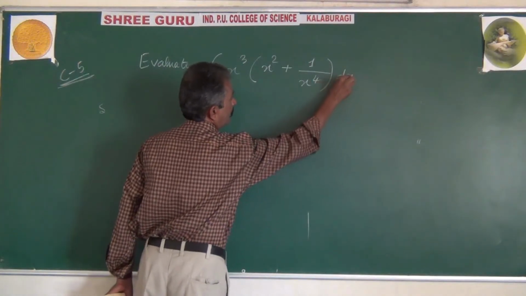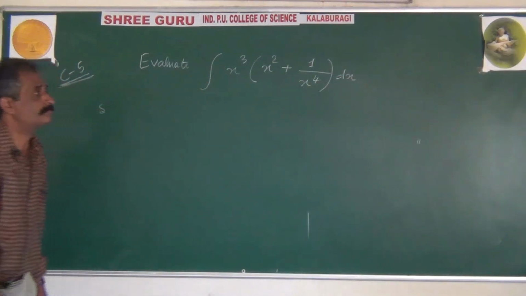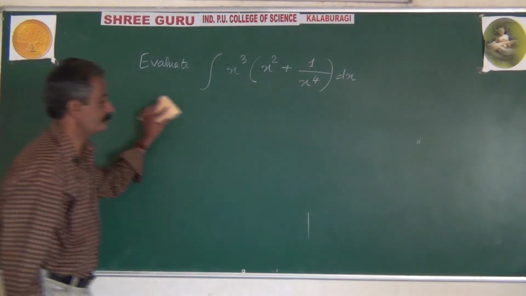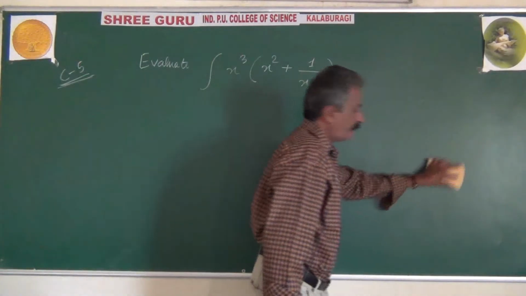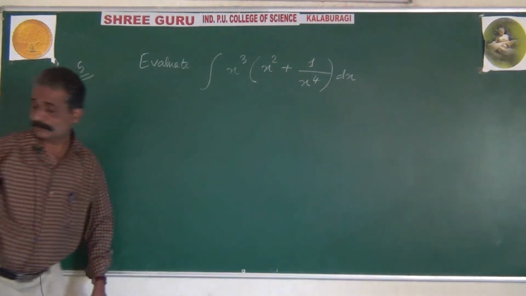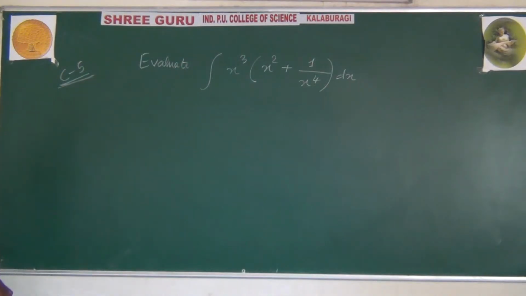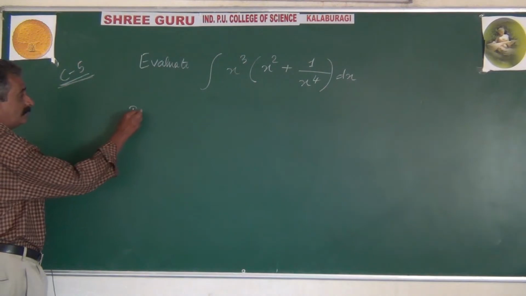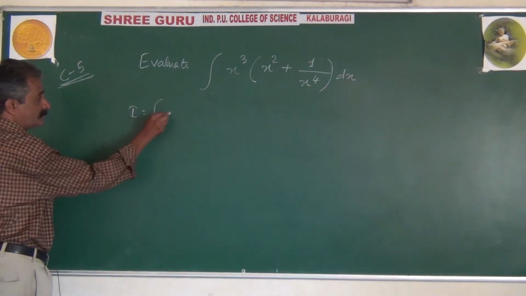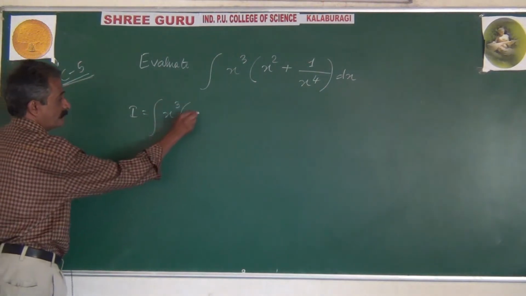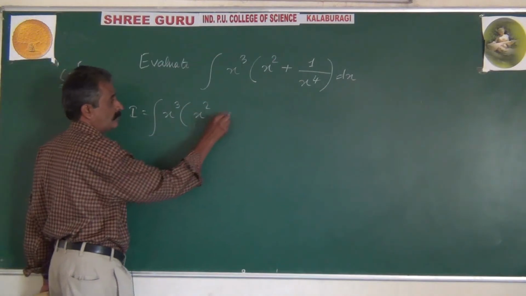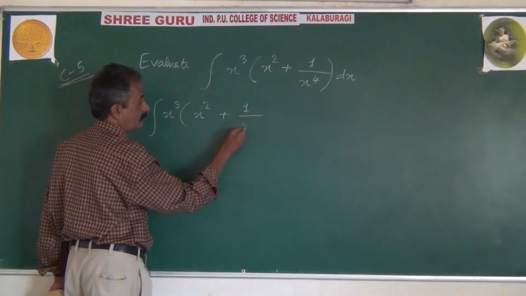So this is identical to the last problem. First step will be as usual, beginning from the notation I. Solution. Let I equal to integration of x cube into bracket x square plus 1 divided by x to the power of 4.